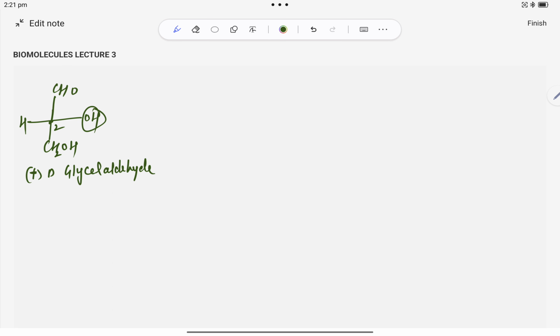It's called plus D glyceraldehyde. It's a simple carbohydrate. What is the mirror image?